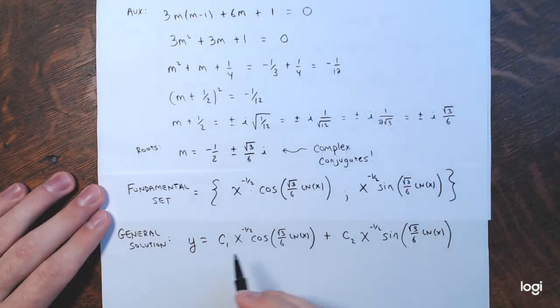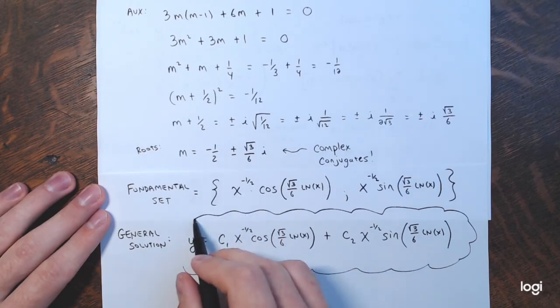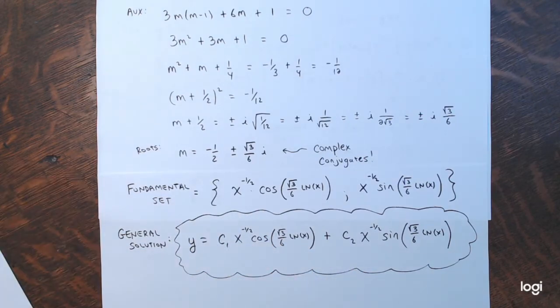And there we go, where c1 and c2 are any constants. Okay. All right, and then just as with the first two examples, I'm going to go through an alternate method.